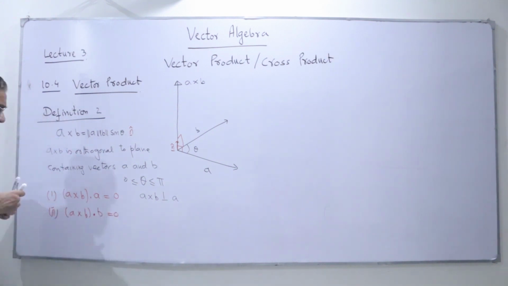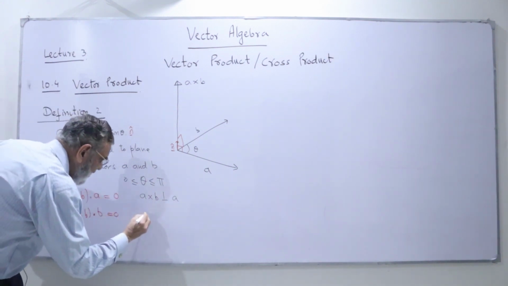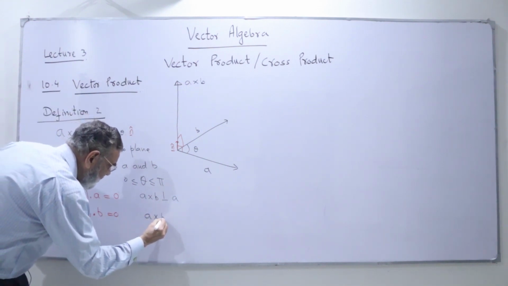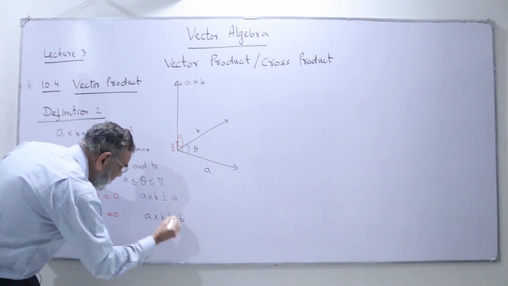When the dot product is 0, then we can say that A cross B is orthogonal to B.